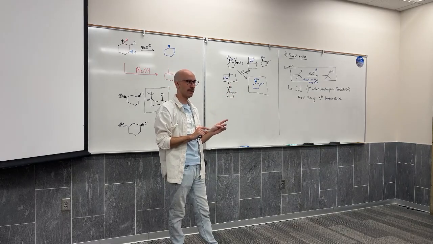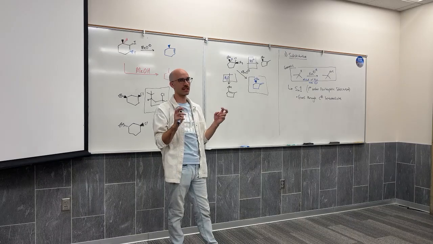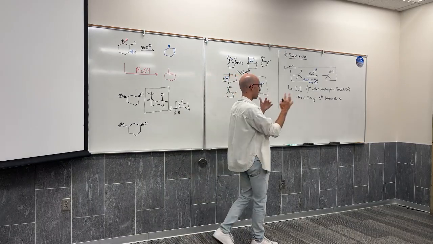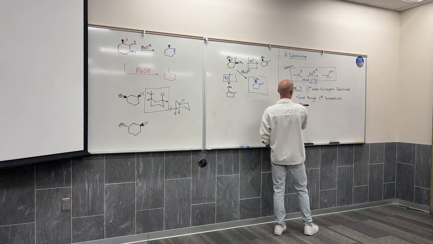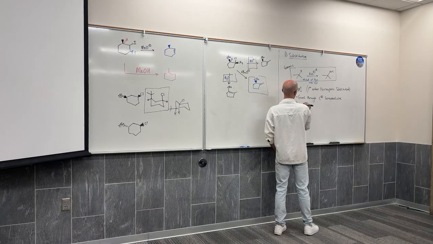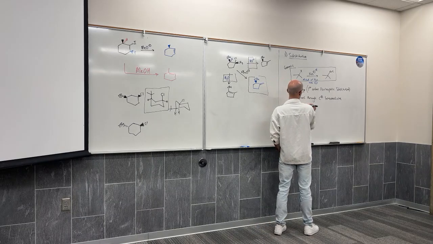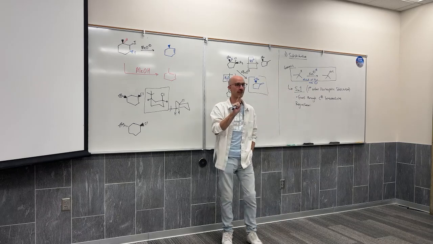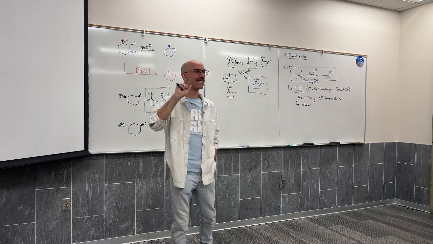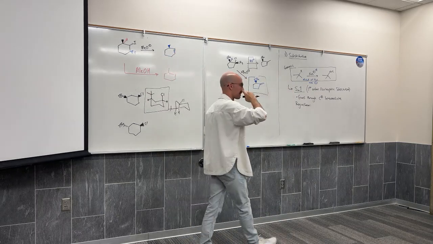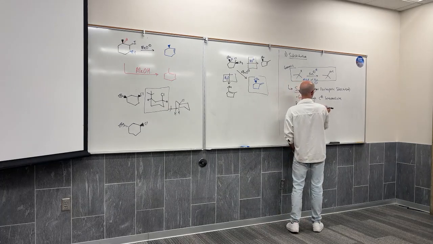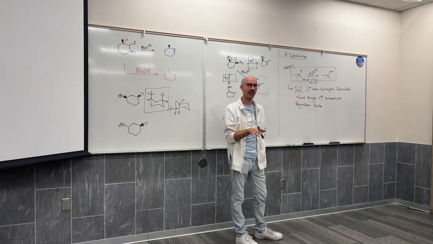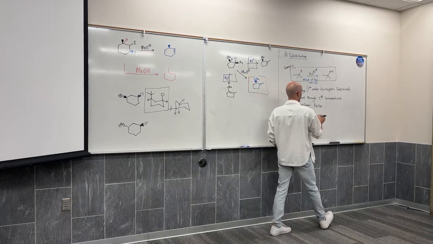So SN1 gives us what we call a mixture of stereochemistry. So, first of all, the regiochemistry of SN1. Because it forms a carbocation, this has a preference for more substituted or resonance stabilized positions.